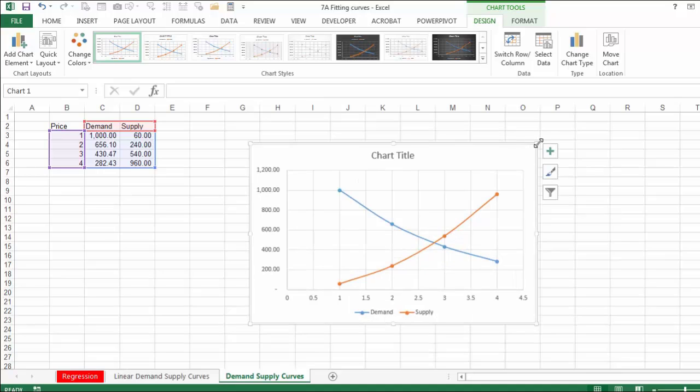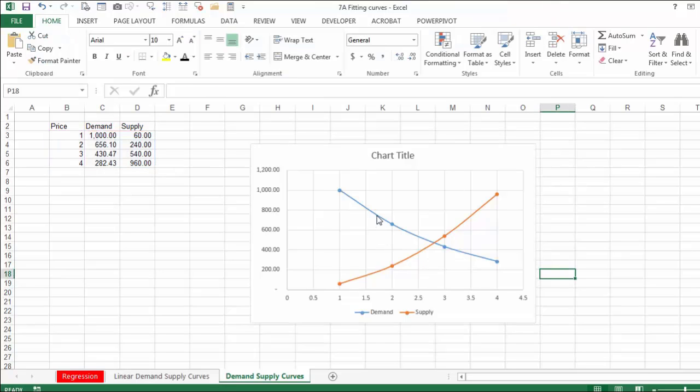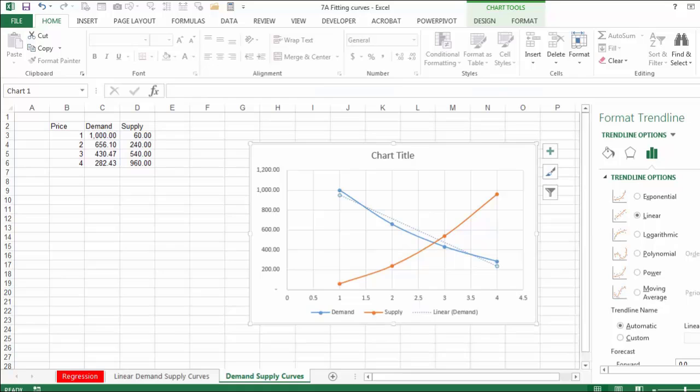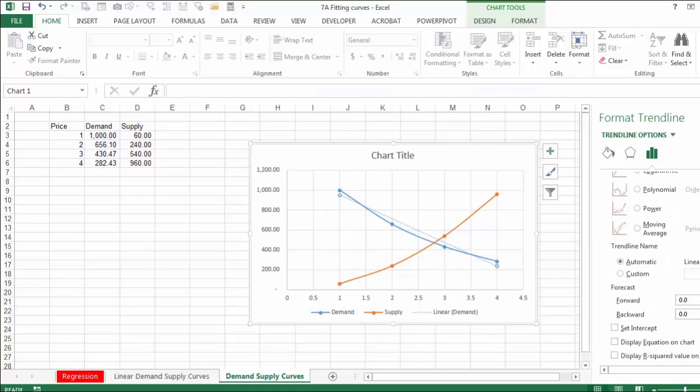The only thing is, can I fit a demand or supply function? And again, because we have Excel, we can do the following. Let's try the demand, right click, add a trend line, and then we'll discover that when we ask for the equation, it assumes that it's a linear straight line, and R squared is not going to be 1.